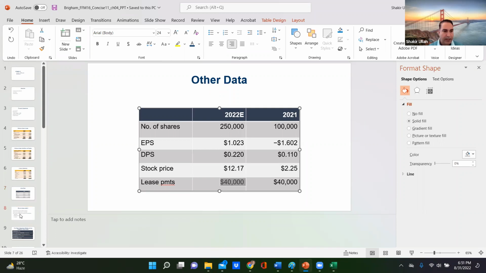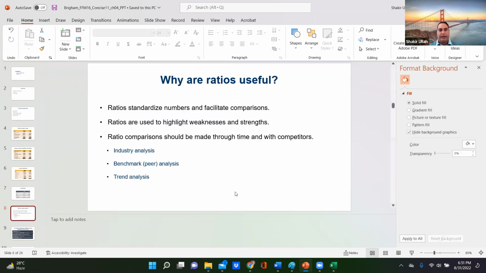Okay. Now, moving forward, why do we do ratio analysis?